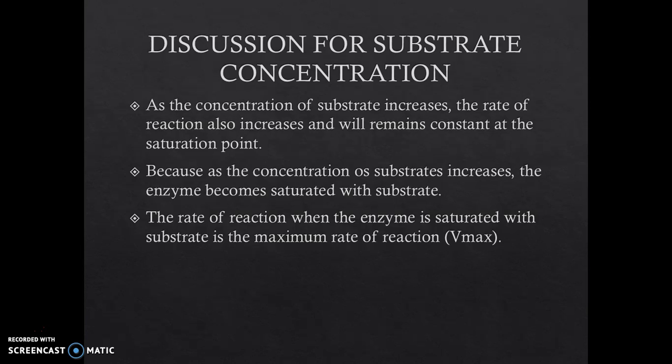The discussion for the substrate concentration: as the concentration of substrate increases, the rate of reaction also increases and will remain constant at the saturation point. Because as the concentration of substrate increases, the enzyme becomes saturated with substrate. The rate of reaction when the enzyme is saturated with the substrate is the maximum rate of reaction, which is Vmax.